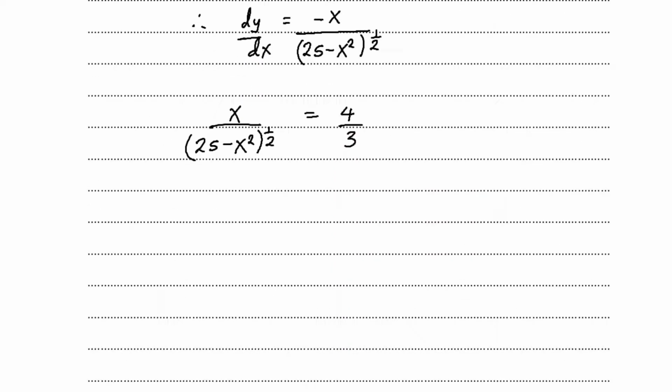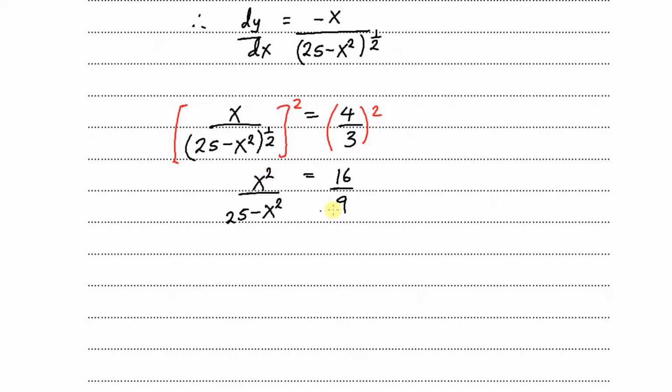And from here, I'm going to square both sides. So I'll square here and I'll square here. So here, squaring, I'll be having x squared over 25 minus x squared is equal to 4 squared, that's 16, and 3 squared, that's 9.